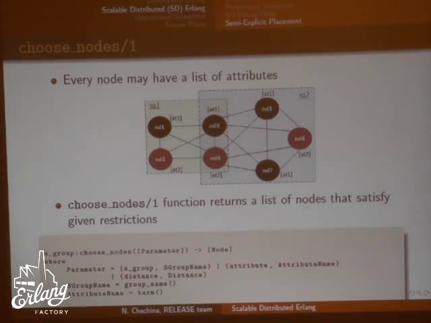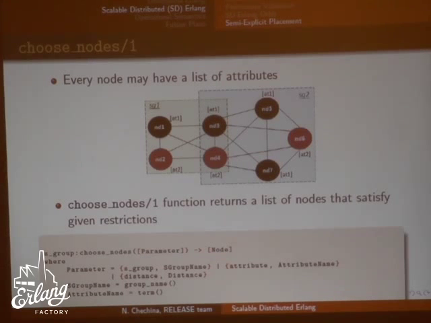Another thing that we can use is attributes and s_groups. First of all, how can we group nodes in s_groups? The first thing, of course, is locality: nodes that are close to each other, we put in s_groups. Another thing can be that those nodes have the same hardware or the same software, so we can group nodes that way.